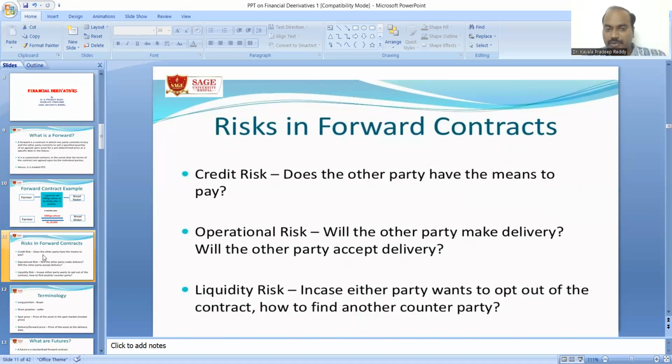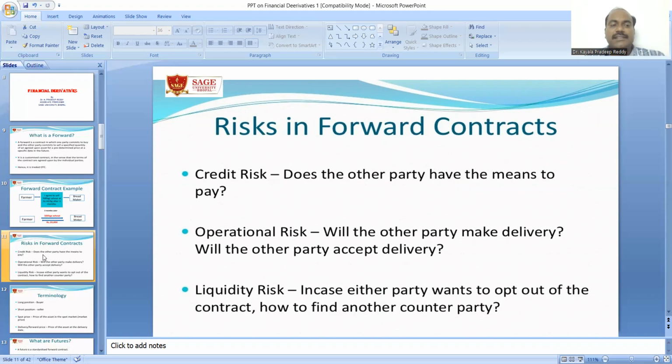That is the farmer in the above example. Will the other party accept delivery? Given the quality, will the farmer supply, and will the other person take the delivery exactly without any violation? And the liquidity risk is: in case either party wants to opt out of the contract, finding another counterparty is very difficult in forward contracts.